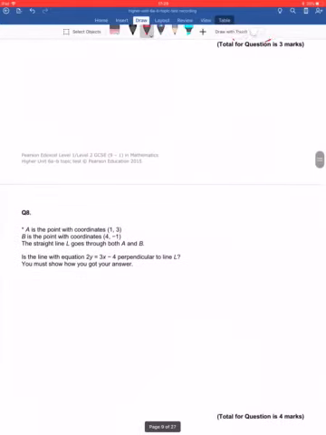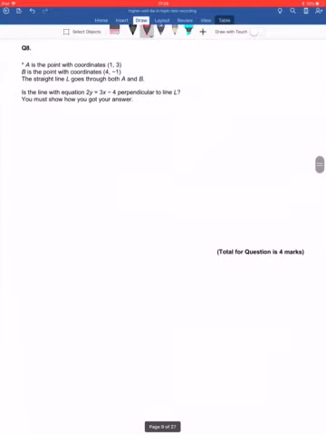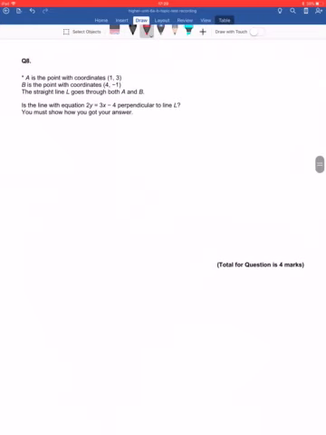Okay, question 8, sorry. Right, lots of information, it's deciding what we've got. A is the point with the coordinates 1, 3, and B is 4, minus 1. I like to do a drawing, so it's gone along and it's gone down. So B is 4, minus 1, and A is 1, 3.